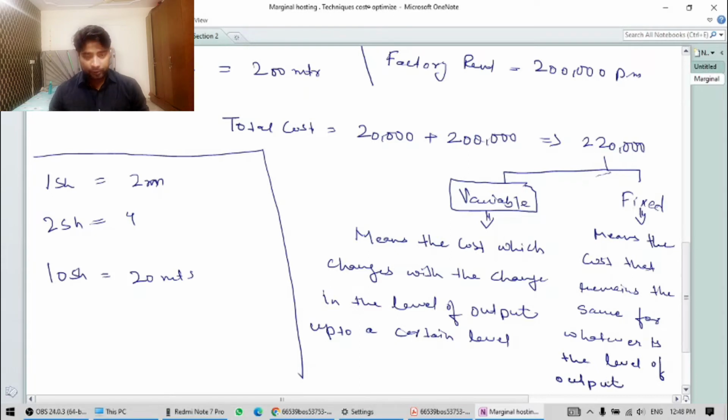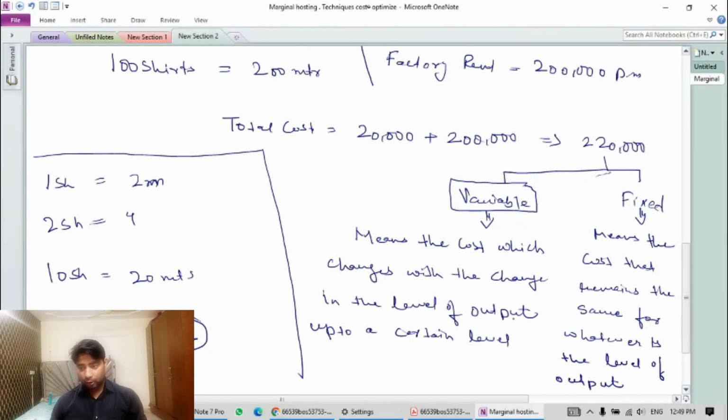In simple terms, if I produce one shirt, then how much rent do I have to pay? The landlord will ask you for 2 lakh. Whether you produce one shirt, zero shirts, or 1 lakh shirts, the cost will remain the same. The fixed cost will remain the same.